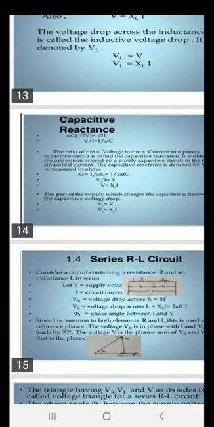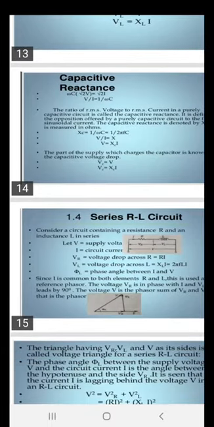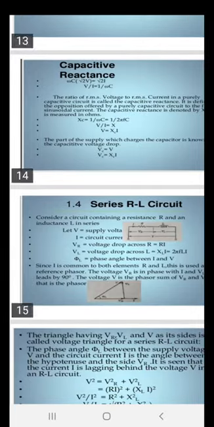Series RL circuit. Consider a circuit containing resistance R and inductance L in series. Let V be the supply voltage and I the circuit current. VR, the voltage drop across R, is equal to RI.